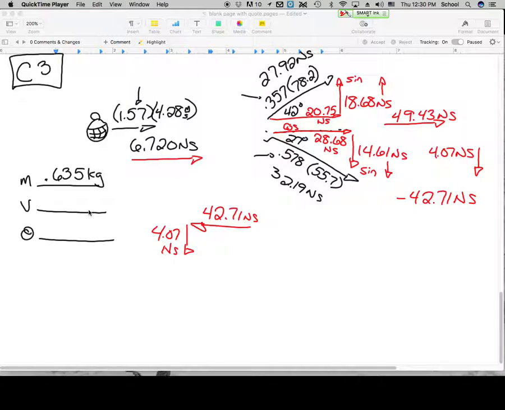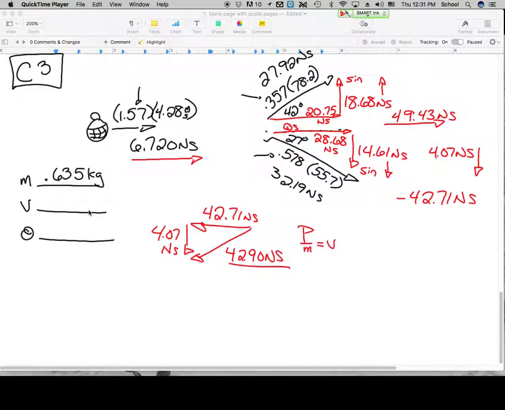So now that I know this is how much my third chunk has to have, I can figure out the resultant by just Pythagorizing: 4.07 squared plus 42.71 squared. And that turns out to be 42.90 Newton seconds. So if I want to know the velocity, I know that P divided by M equals velocity.